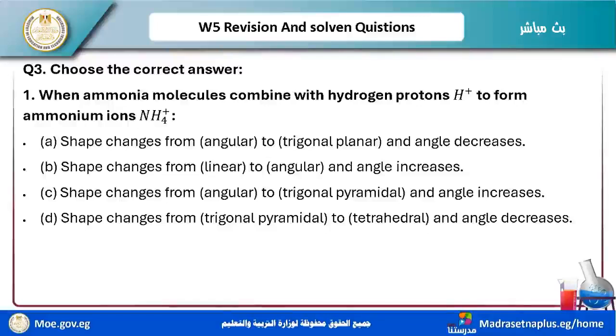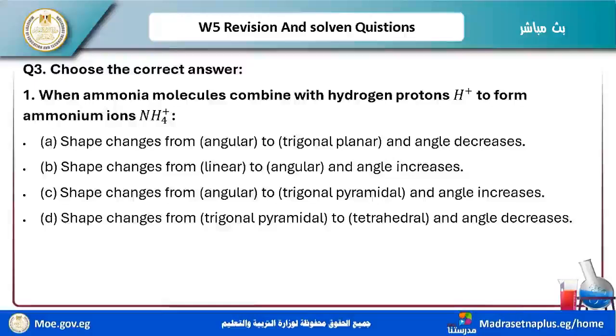B: shape changes from linear to angular and angle increases. C: shape changes from angular to trigonal pyramidal and angle increases. D: shape changes from trigonal pyramidal to tetrahedral and angle decreases.